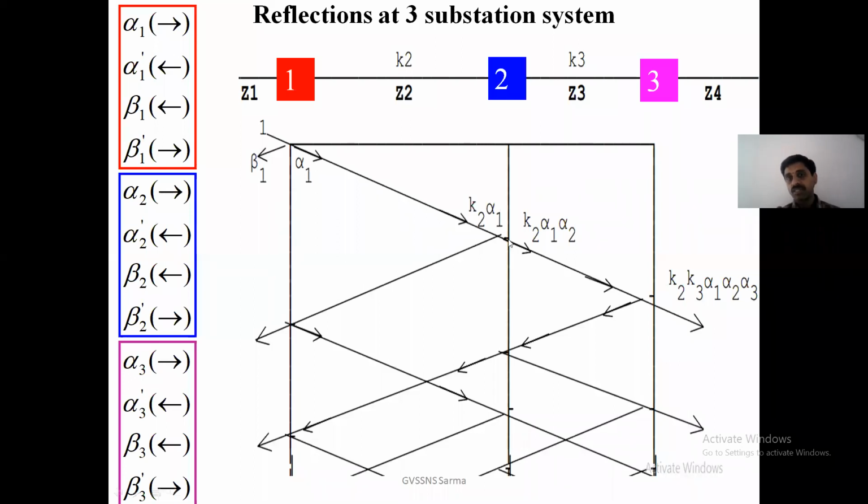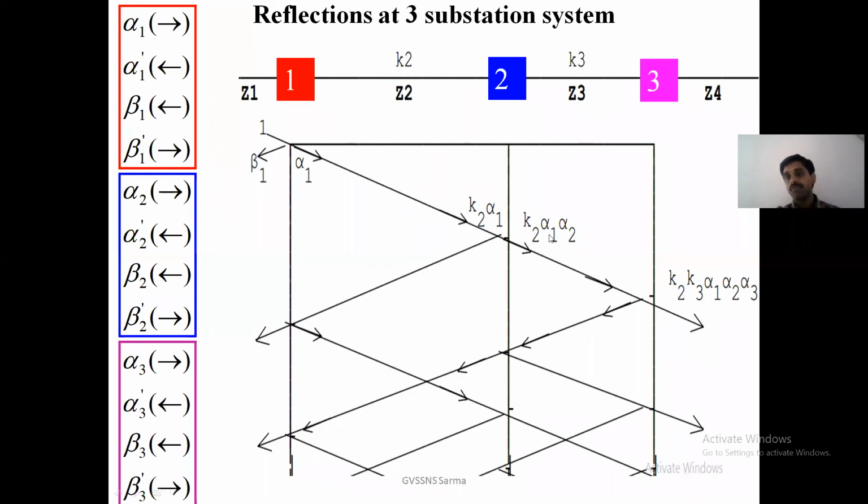Once it reaches this junction, J2, it is reflected. What is the reflection coefficient here? Beta 2. So K2 alpha 1 beta 2 is the reflected wave. What is the transmitted wave? K2 alpha 1 into alpha 2, where alpha 2 is the transmission coefficient. Again, at this position, the transmitted wave will be K2 alpha 1 alpha 2, and during this process it is attenuated by a factor K3, and the transmission coefficient here is alpha 3.